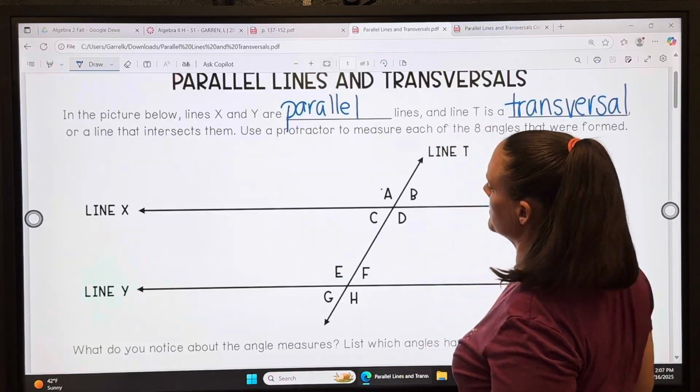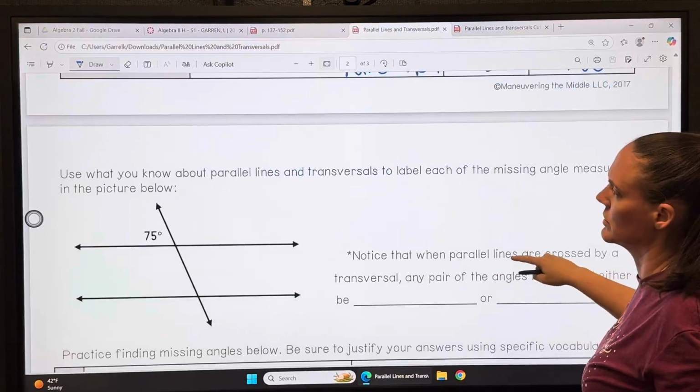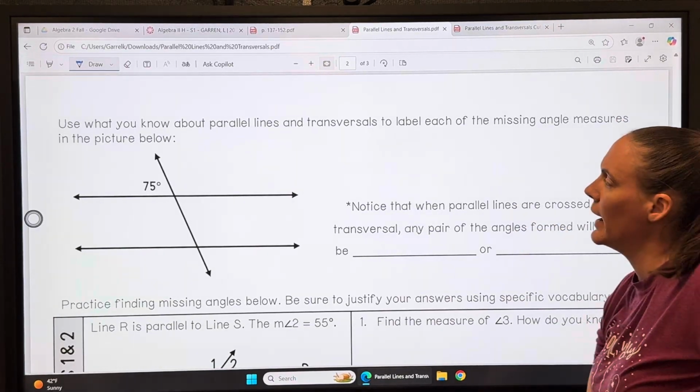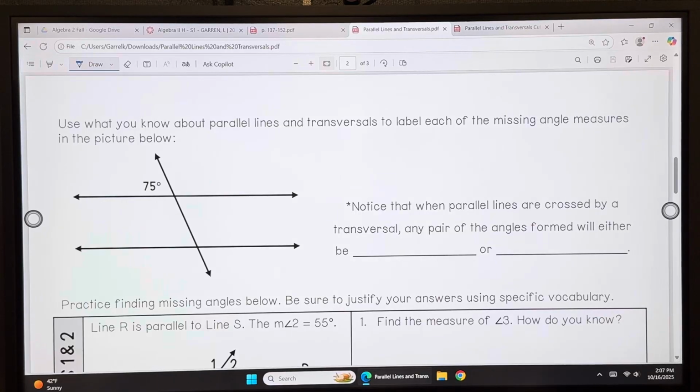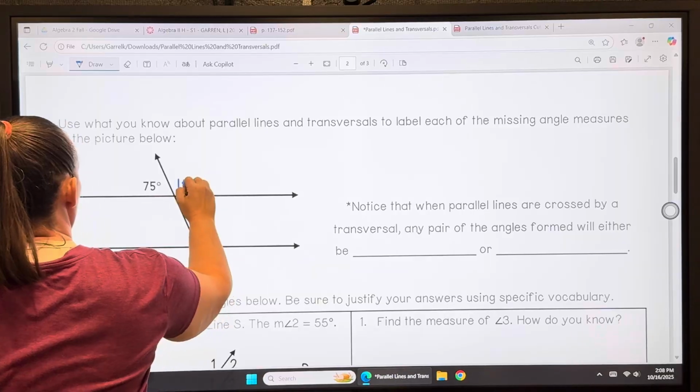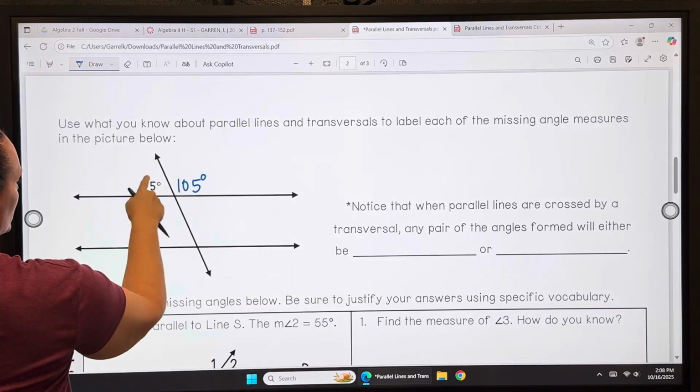Make it wide again, and I'm gonna go to the top of the next page. All right, so if I have parallel lines and transversals, I'm either gonna have 75 or 180 minus 75. And 180 minus 75 is 105. So this measure right here would be 105. The ones across from each other would be the same.